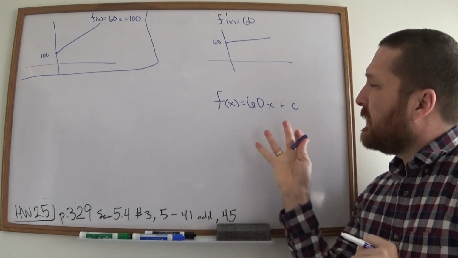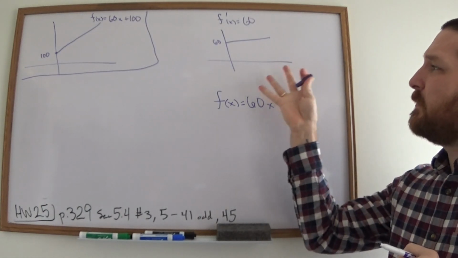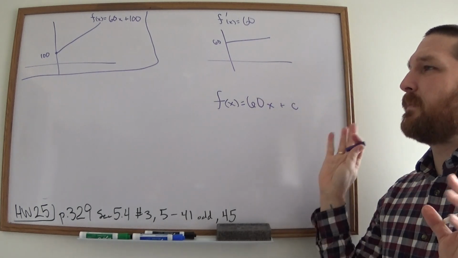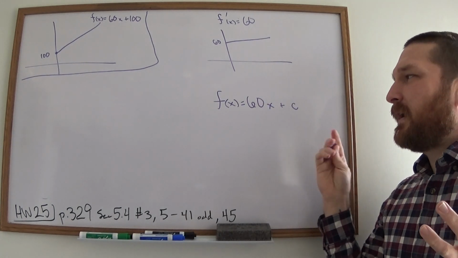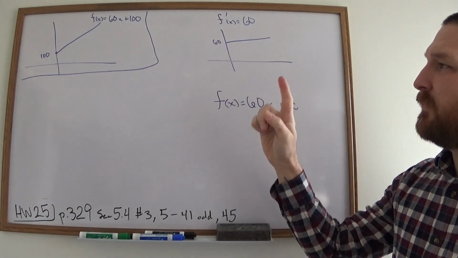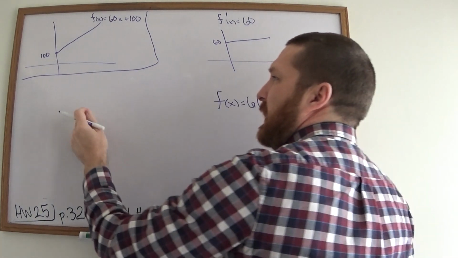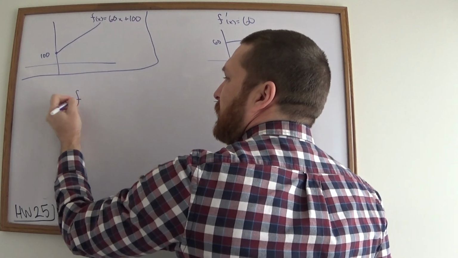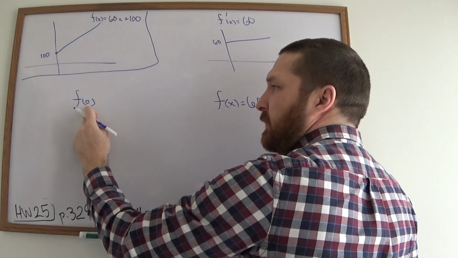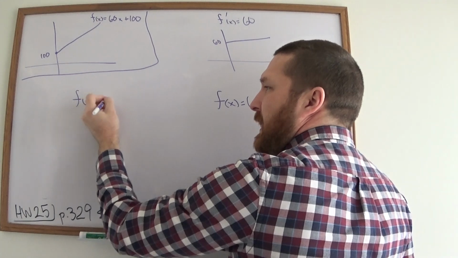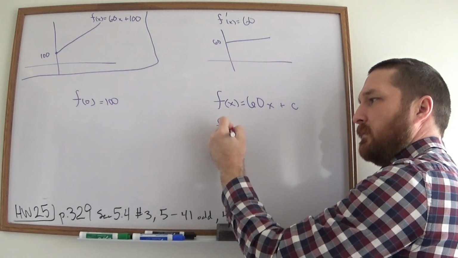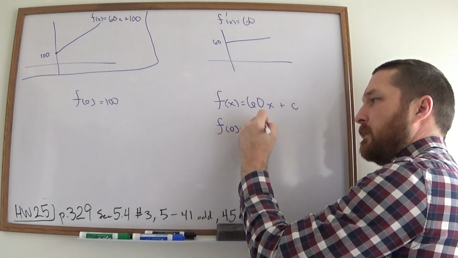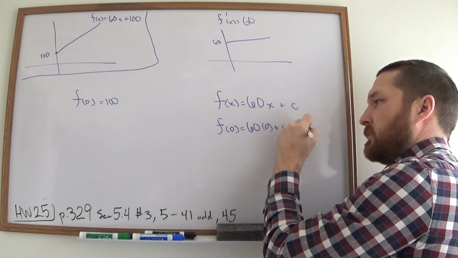And remember at the beginning I said Victor has all the information that he could possibly want except one data point. Where did we start? Check out what happens. If we knew that we started at mile marker 100, that means that at time 0, you plug in a 0, and you get out a 100. So you could say, plug in a 0, 60 times 0 plus c equals 100.